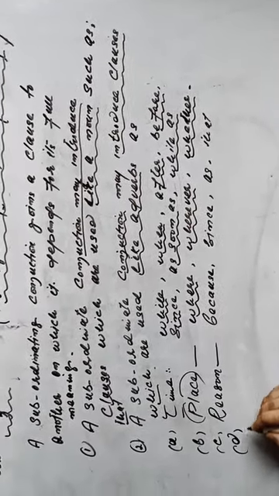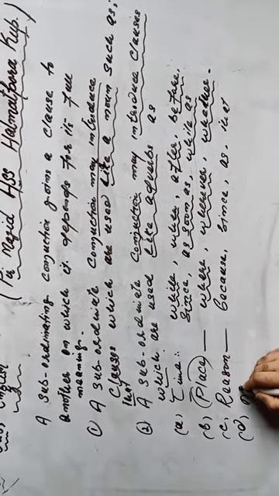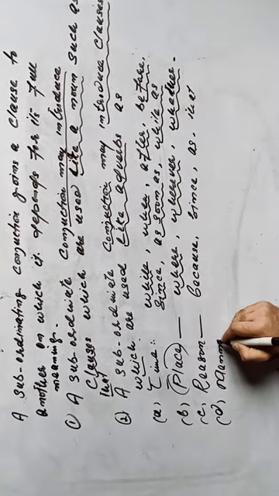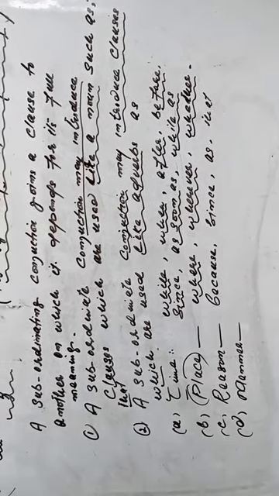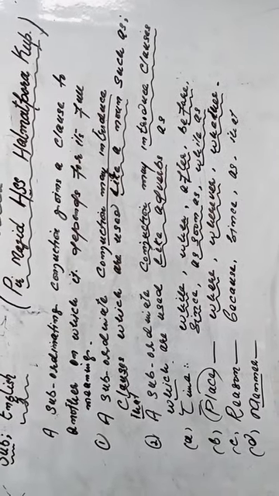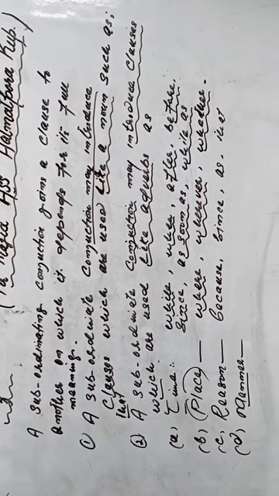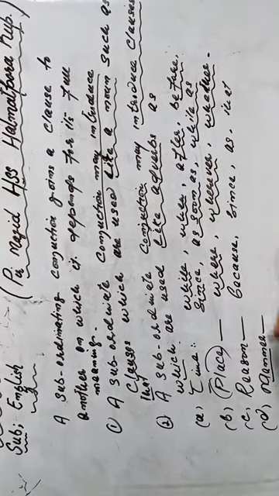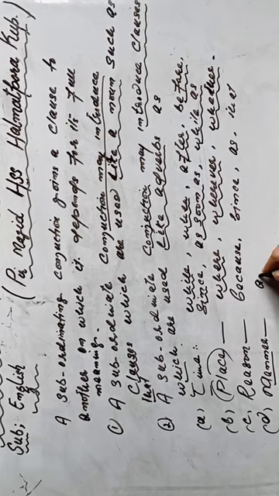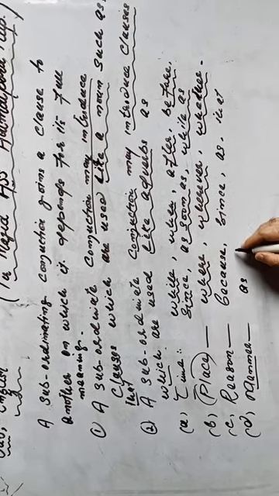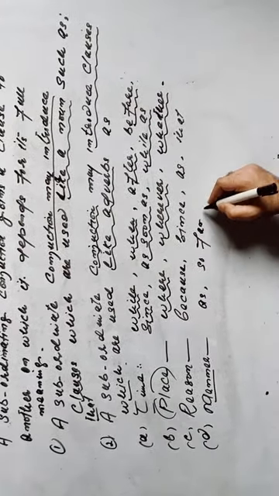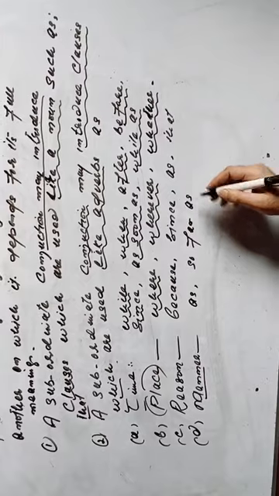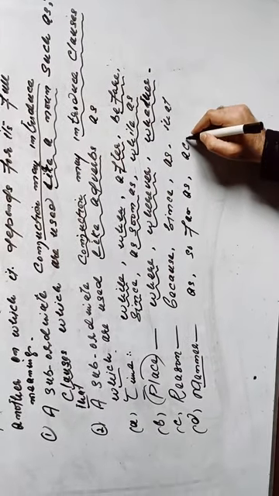D, manner. Now let's see, when it's talk of manner, which kind of subordinating conjunctions I am going to use. As, number one, so far as, according.